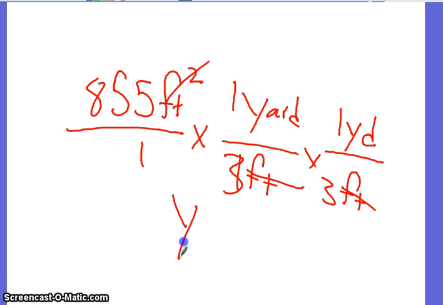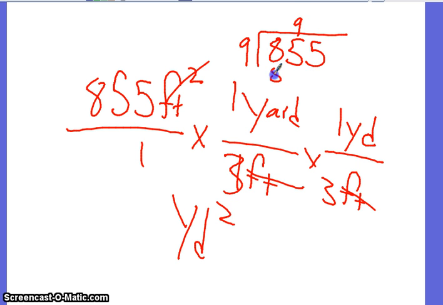So I can immediately write down square yards so I don't forget to. But I got to do 855 divided by 9. So 95 square yards. That simple.